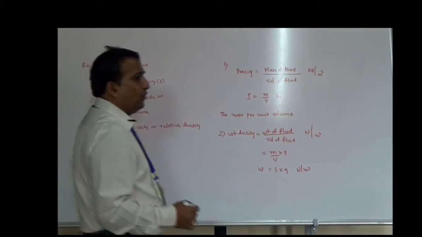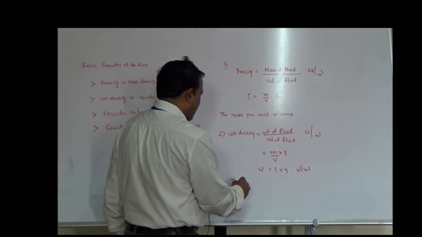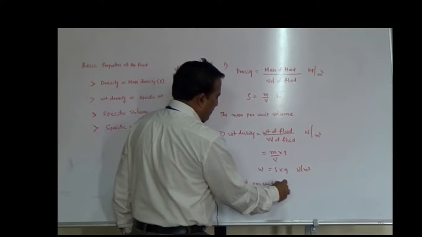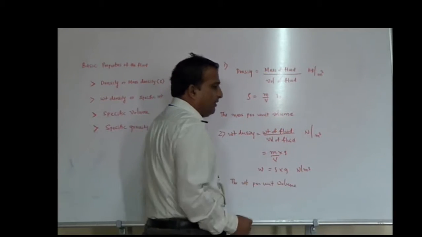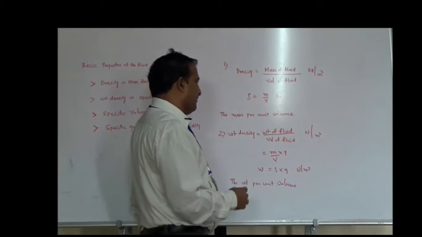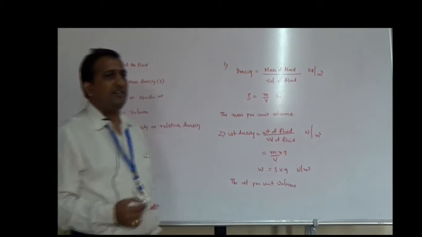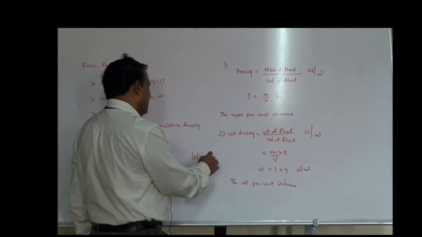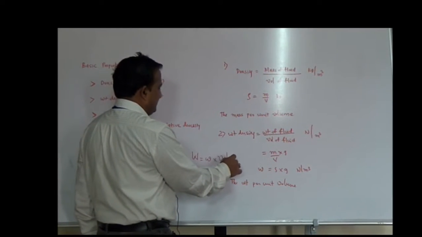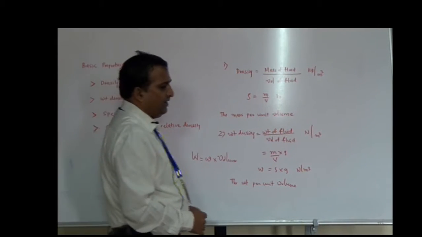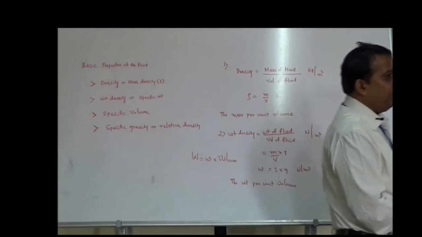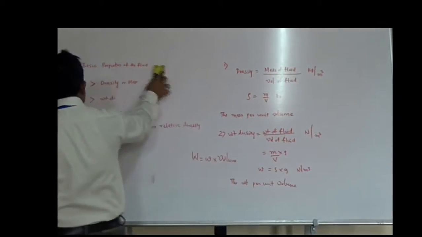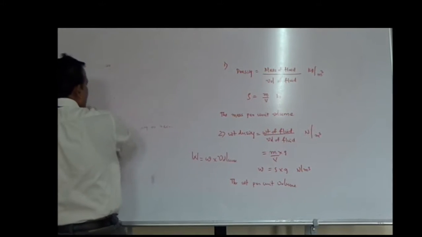Here also, we define it as weight per unit volume of fluid. This weight density is very helpful to find the weight. Weight of fluid is equal to omega into volume. So in a liquid, once we know the weight density, we can easily find the weight of the fluid.